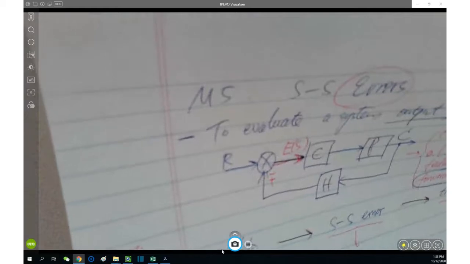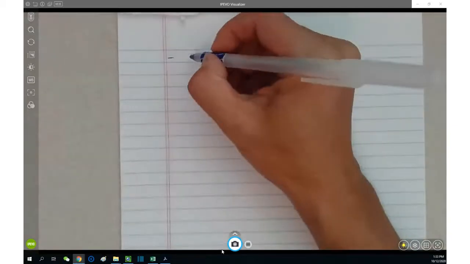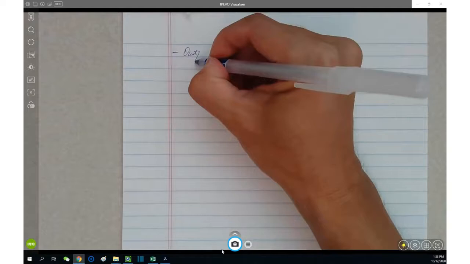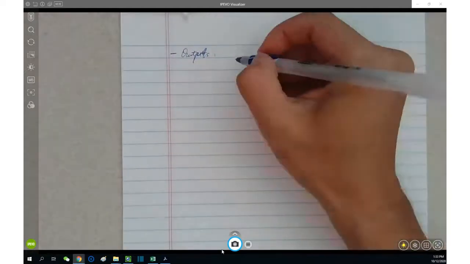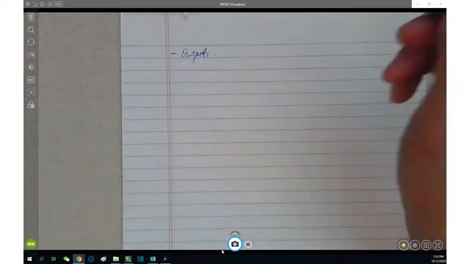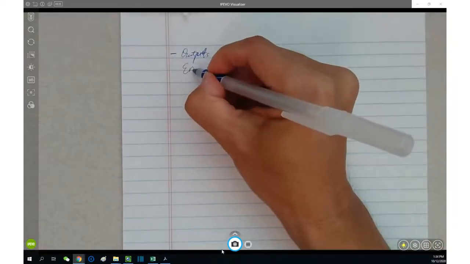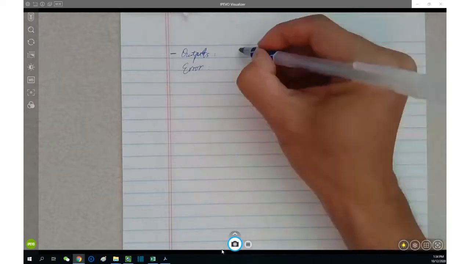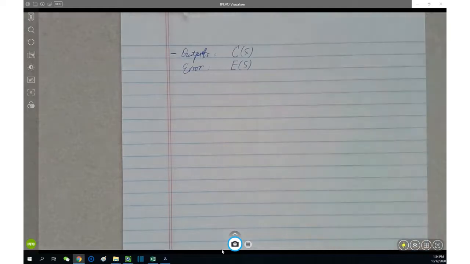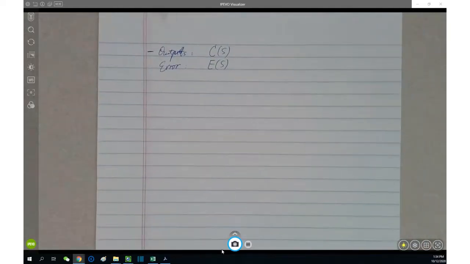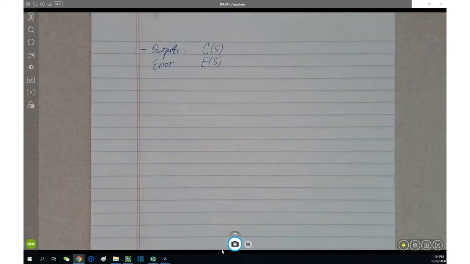Oh yeah, a little bit of the output and error. I list them in parallel to differentiate them more easily.